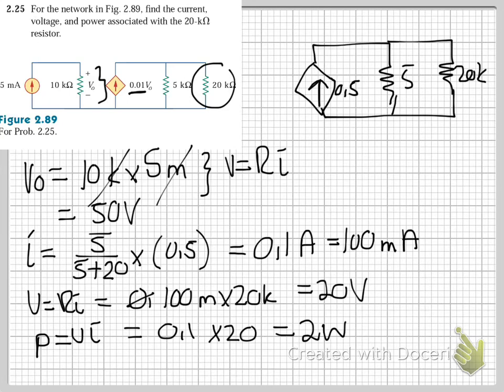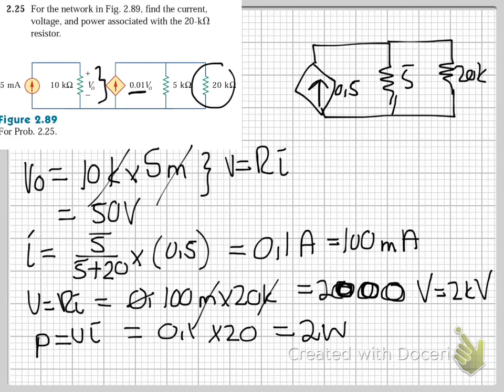Oh, okay. I actually made a little bit of a mistake here. Instead of 20, this should have been 2000 volts, which is 2 kilovolts, because those two cancel out, and that's 2000, so that's 2 kilovolts.